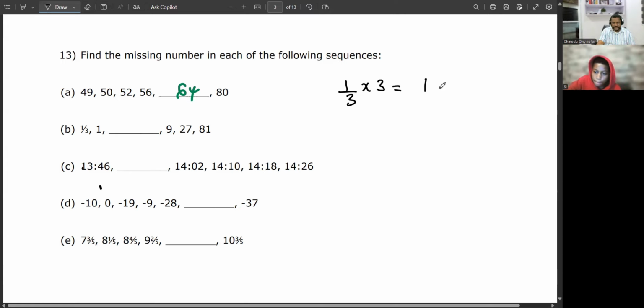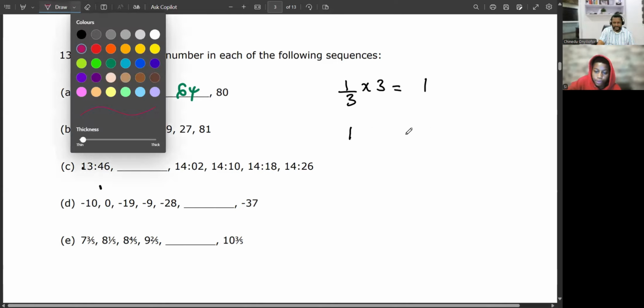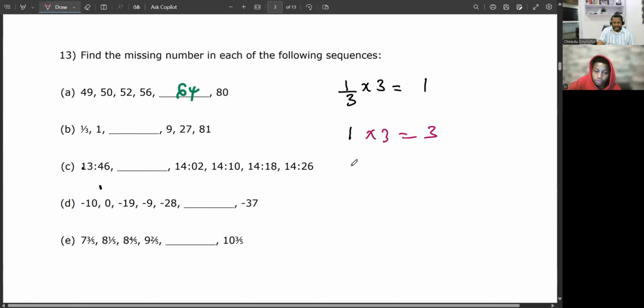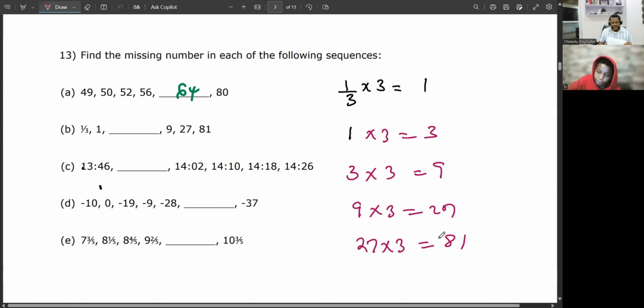Next, if I multiply this 1 by 3, that gives me 3. Next, this 3, I multiply by 3 again, 9. Next, this 9, I multiply by 3, 27. And then this again, multiply by 3, 81. So what number do you think is missing in that box? 3. So the sequence is multiplying by 3 each time, right? Yes, sir.